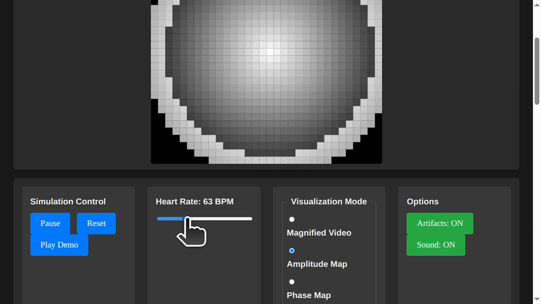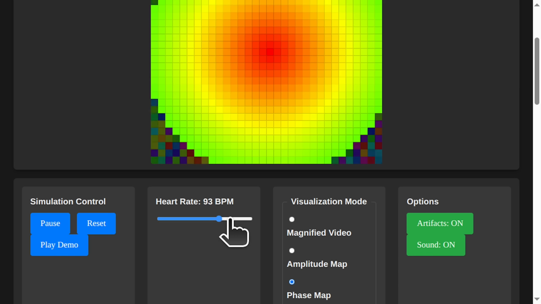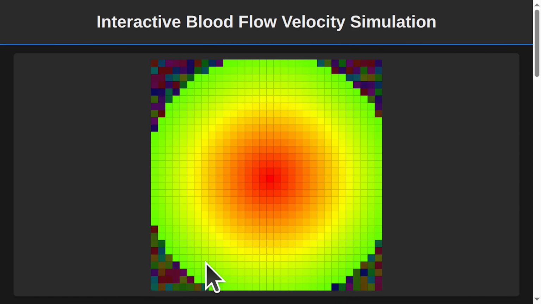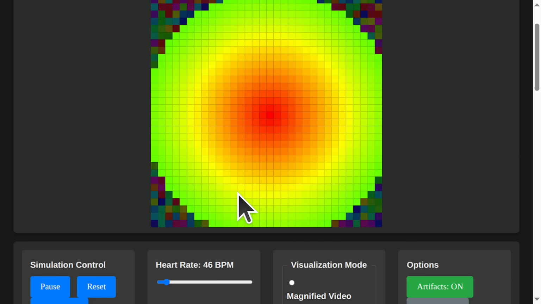What about this phase map? It looks like a psychedelic tie-dye experiment gone beautifully right. This is the clever bit. The phase map visualizes the timing of the pulse. See how the colors change from the center outwards? That's the pulse wave traveling across the patch of skin. Every color represents a different moment in the heartbeat cycle.